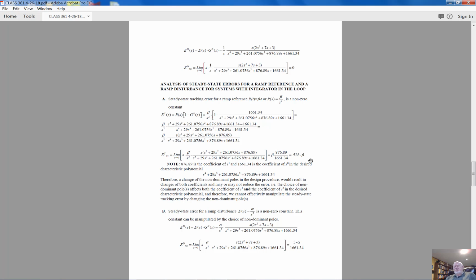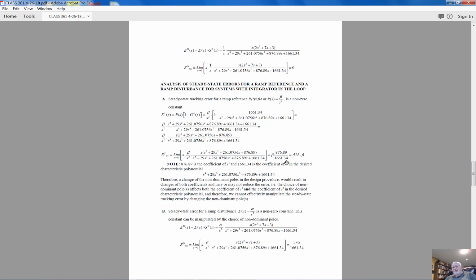Error is constant. Can we manipulate this error? Before you say yes or no, let's figure out where these numbers came from. Please take a look at the desired characteristic polynomial that we obtained for the closed loop system.